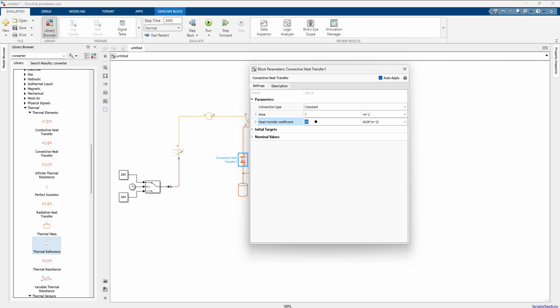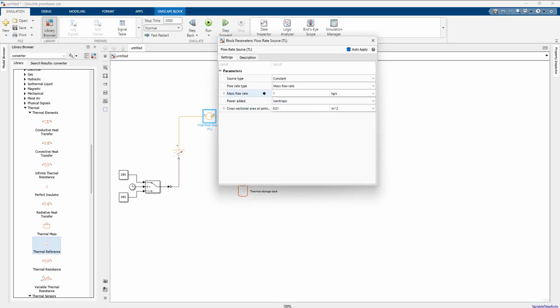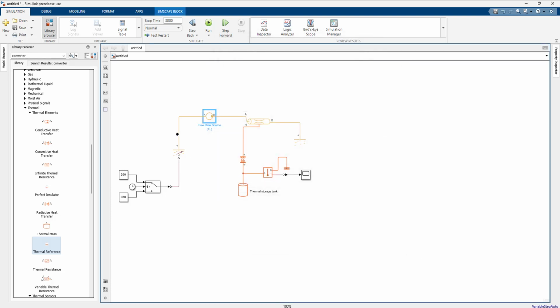And I set the heat transfer coefficient to 150 watt per Kelvin square meter. So I set the value for this, and 1 kilogram per second for the pump.